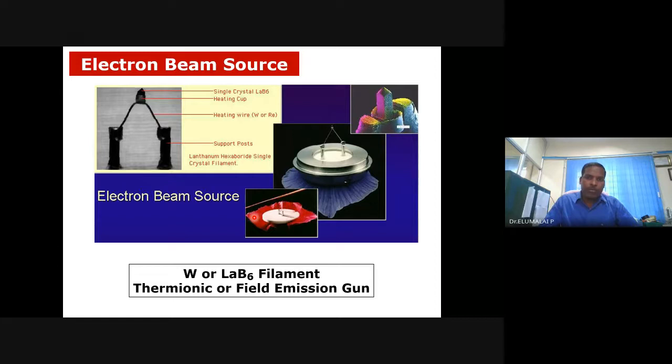When we have close proximity of two electrodes and a supply of very high potential, electrons can boil off. This is the tungsten filament or lanthanum boride filament. Supply a very high temperature, electrons can boil off.